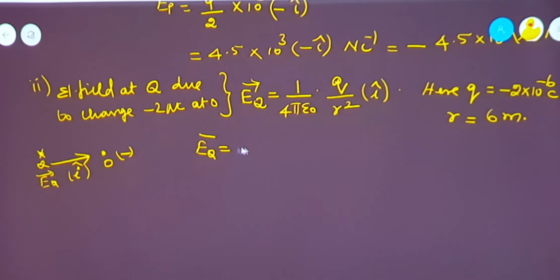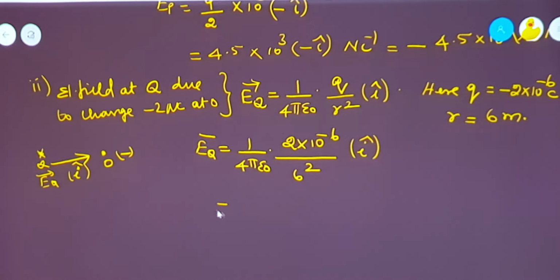EQ vector is equal to 1 by 4 pi epsilon 0 into, what is this Q? By writing the magnitude alone, 2 into 10 power minus 6 divided by 6 square I cap. Now get the values. 9 into 10 to the power of 9 into 2 into 10 to the power of minus 6 divided by 36, which is equal to how much?